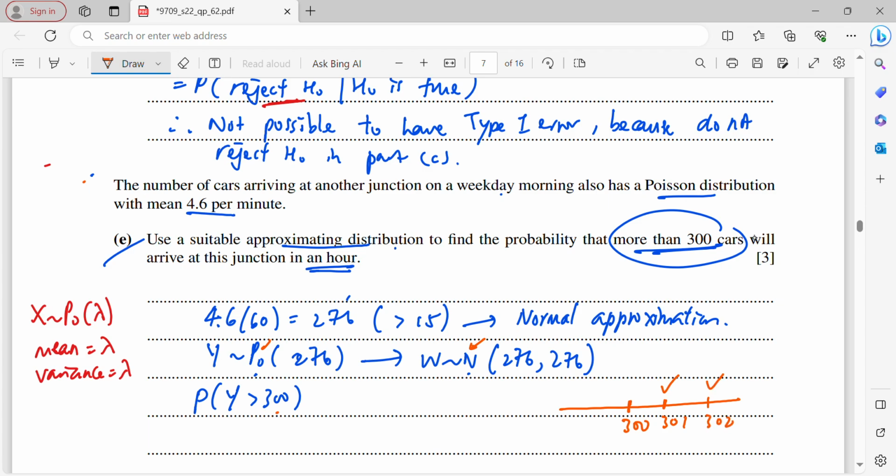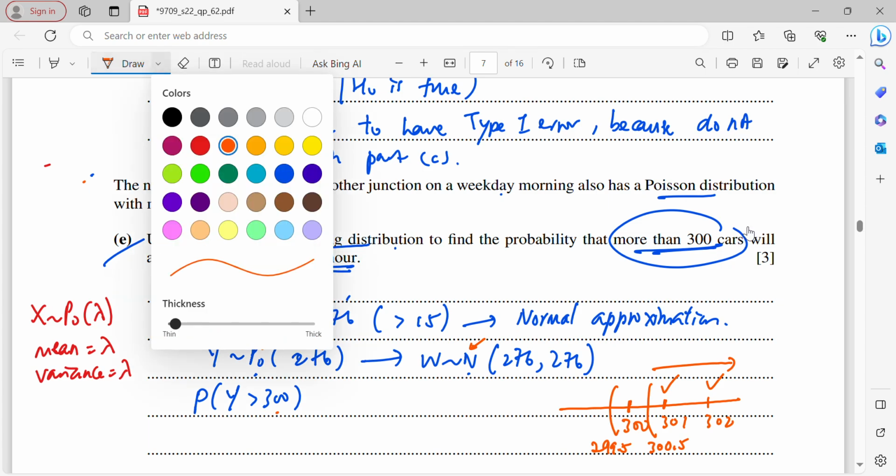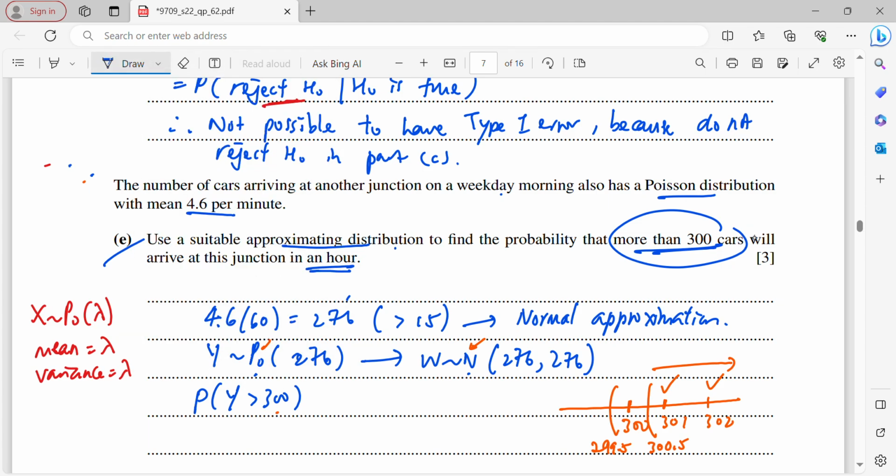But then now we can plus or minus 0.5 from 300, which means you have two choices, either 299.5 or 300.5. So obviously to include the two ticks, we need to get greater than 300.5. Okay, so we have to choose plus 0.5. That means here is going to be P(W more than 300.5).